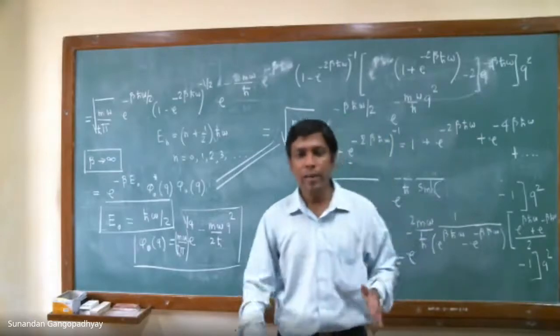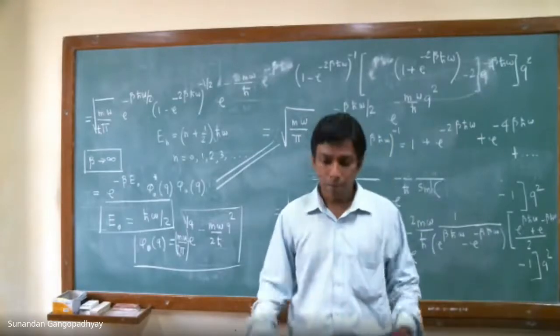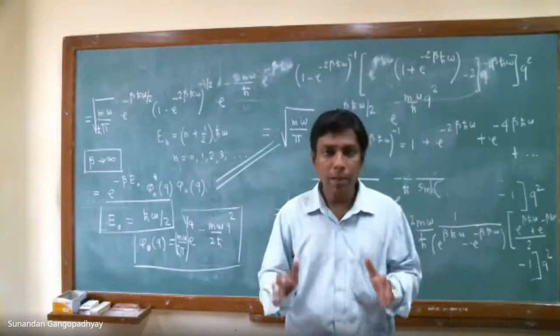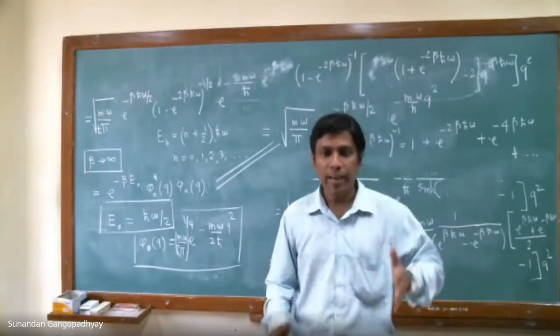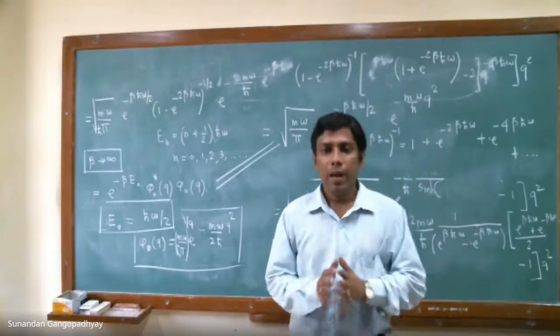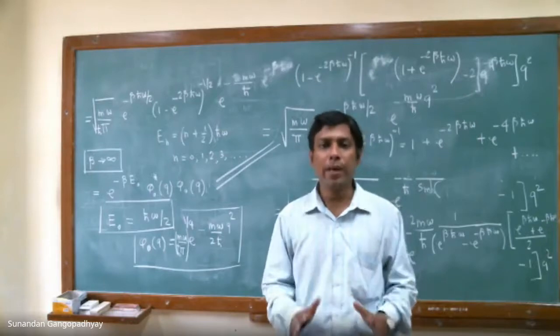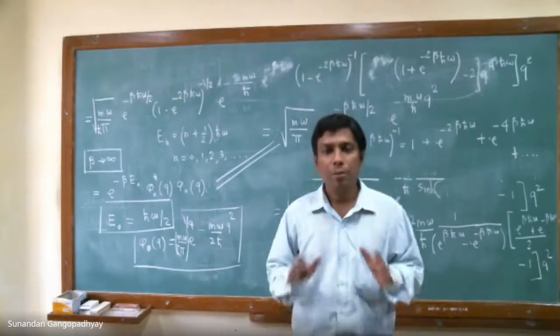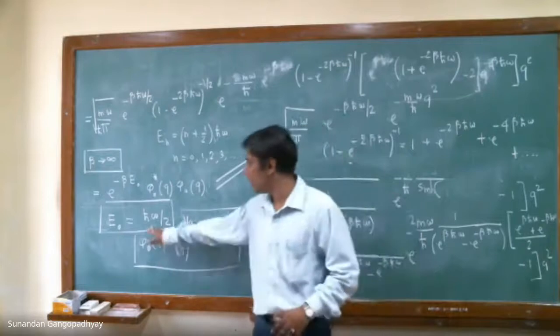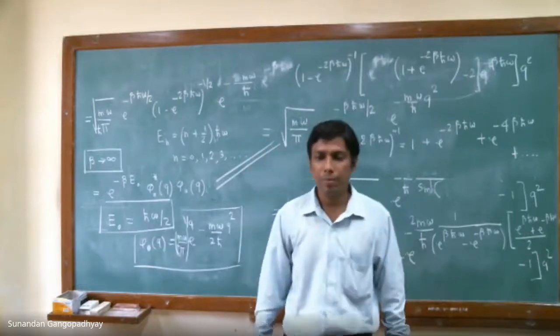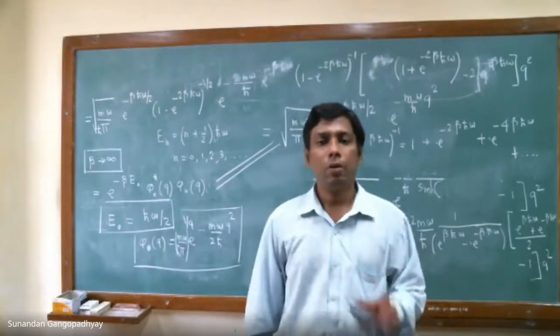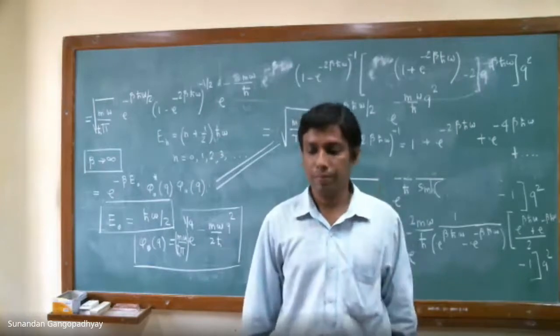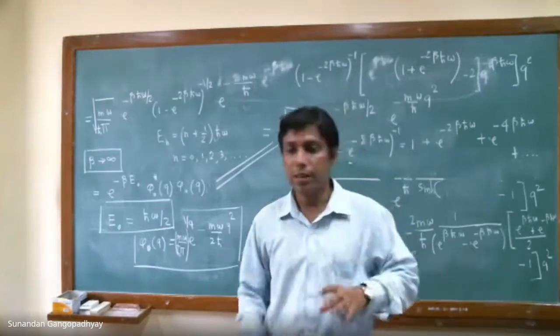You calculate the propagator of the system using the path integral technique. And once you get an expression for the propagator, from there you can extract what the energy eigenvalues and the energy eigenfunctions are. This is the key point of today's lecture.